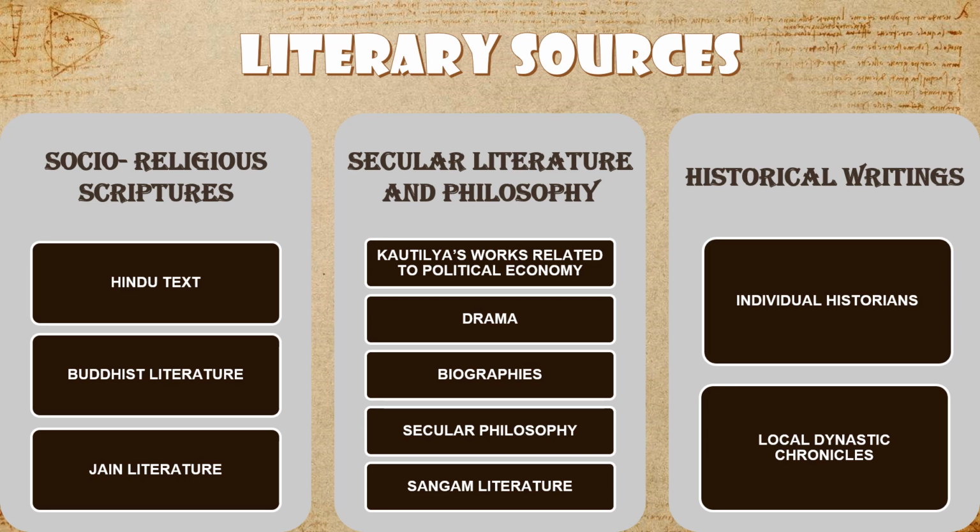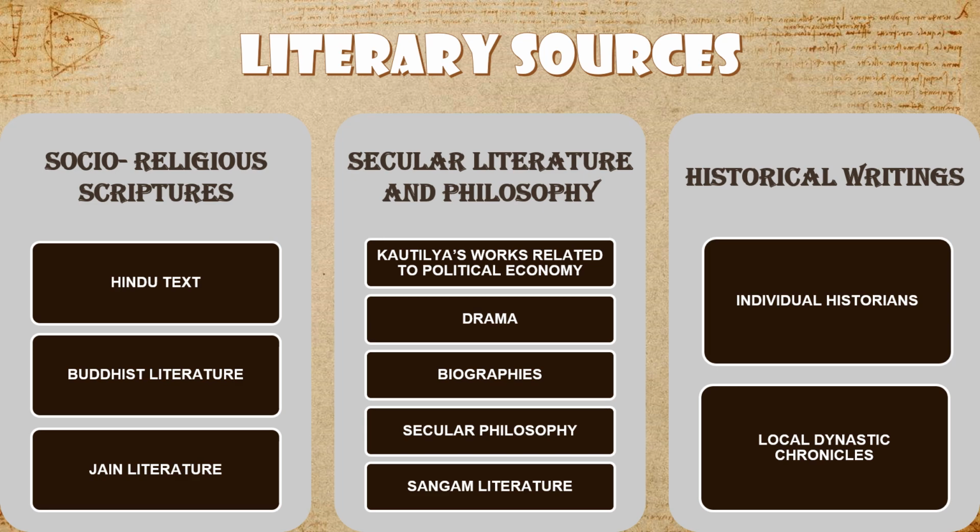Next, Buddhist literature. I will not talk much in detail. Tripitakas and many Buddhist literature include the life story of Gautam Buddha and the culture and the religious practices during that period of time.